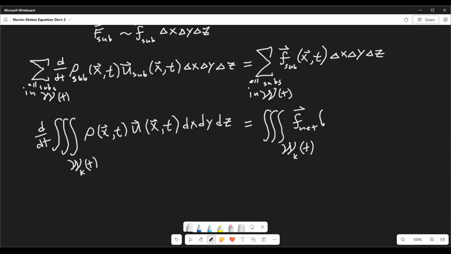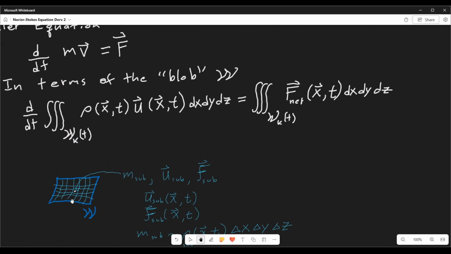So for right now, it's just going to be listed as force net instead of breaking it down into pressure and gravity and viscosity and the rest. And then of course the integrals. So that's the equation that is basically at the top. That's where it comes from.